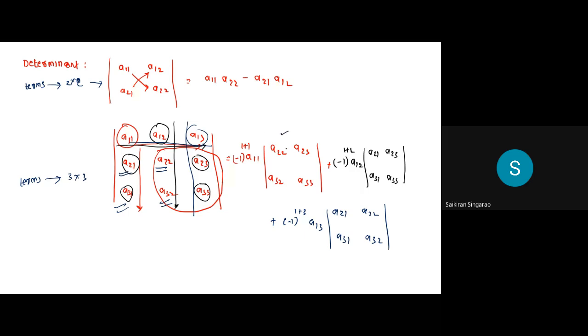This is one 2 cross 2 determinant, one more, and one more. In each 2 cross 2 determinant, there are 2 elements. So 3 into 2, 6. Correct?